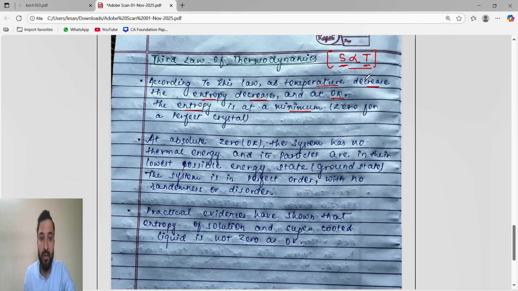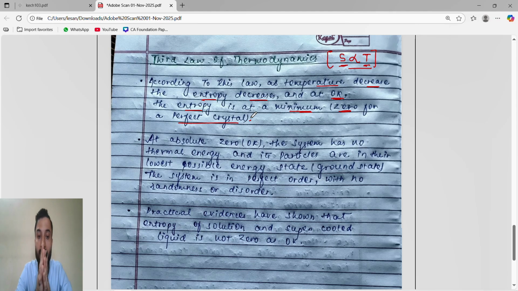As temperature decreases, entropy decreases, and at 0 Kelvin the entropy is at minimum.